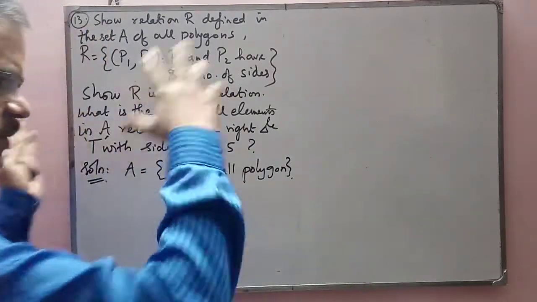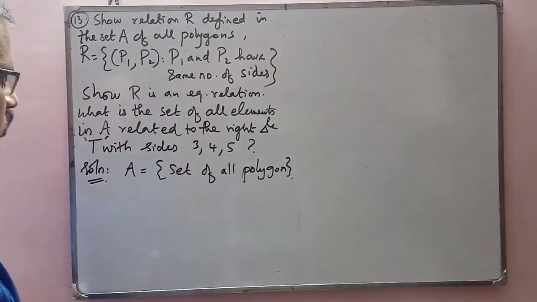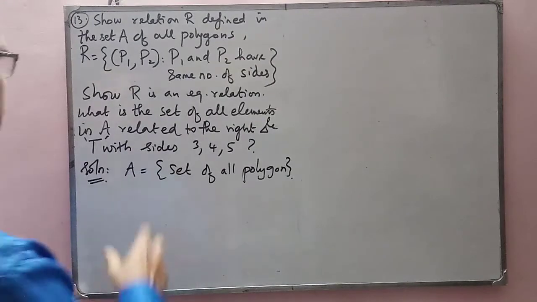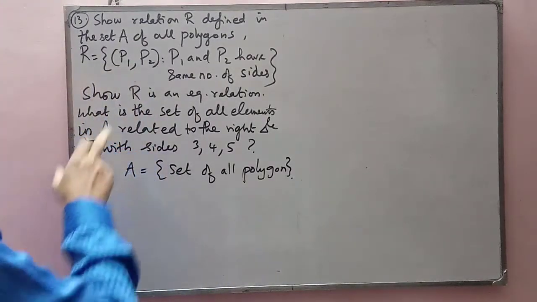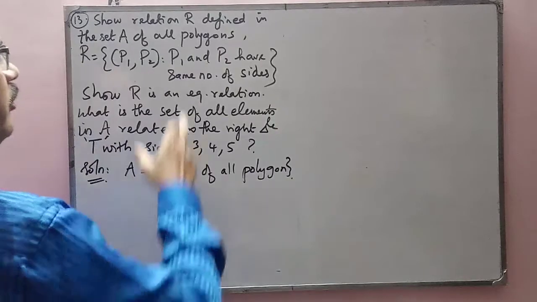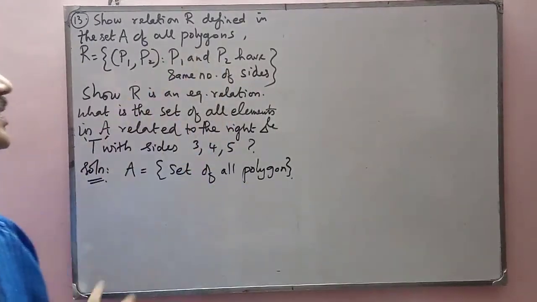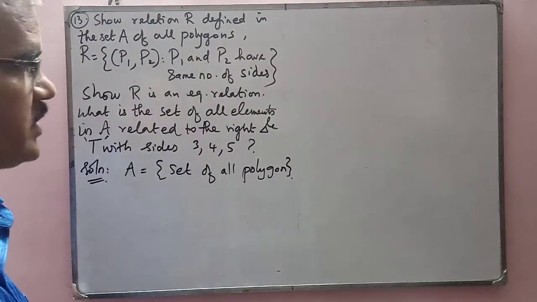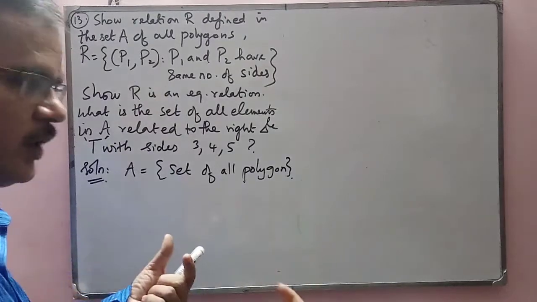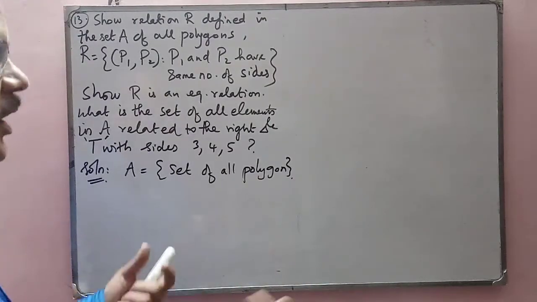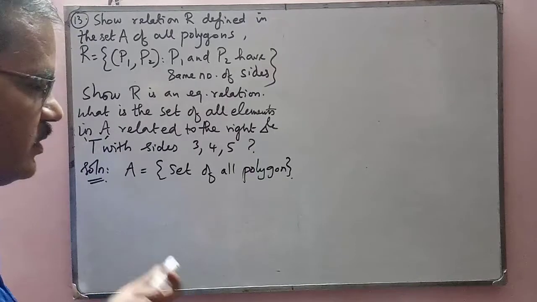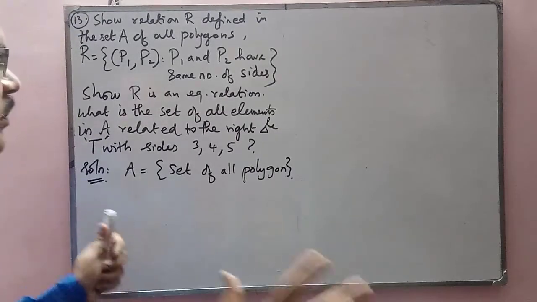So A is such a big set which has all the polygons. Now, in this relation, polygon 1 and polygon 2 will have the same number of sides. You can take two triangles of 3 sides, or any quadrilateral of 4 sides. Whichever polygon you imagine.